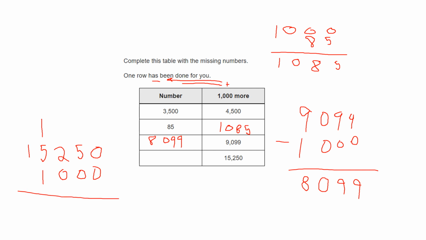So I'm left with 0, 5, 2, 5 take away 1 is 4, and then I've got 1 take away nothing is 1. So I'm left with 14,250. And all you've done is the inverse.